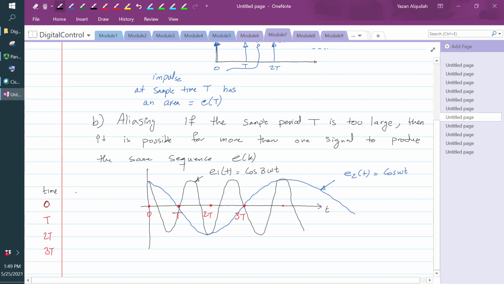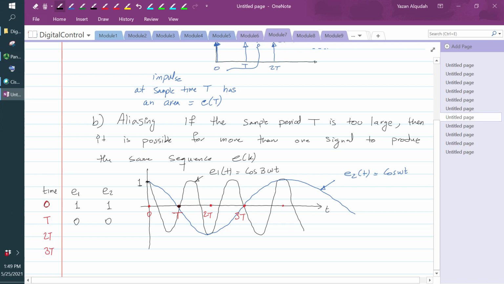So this is e1, and the second signal is e2. What value am I going to get from the first signal and the second signal? Let's assume the peak is equal to 1. When time is equal to 0, I'm going to get a sample from the first signal that is 1, and from the second signal that is 1. When I take the sample at T seconds, both of these are going to be 0, 0.